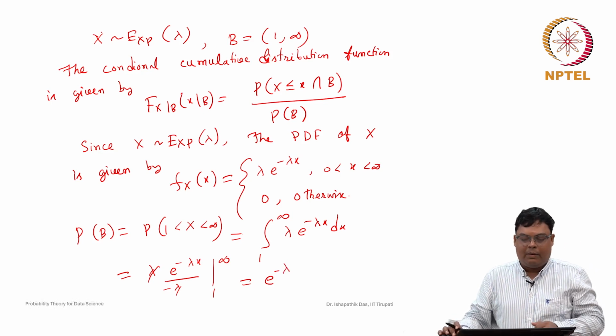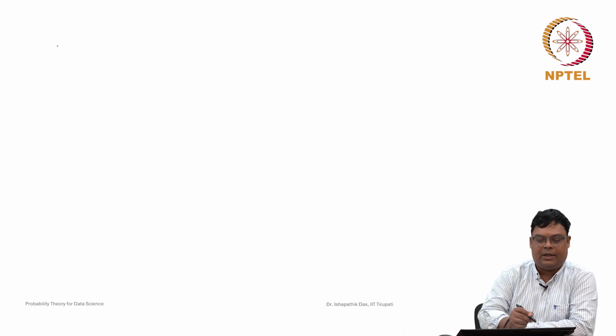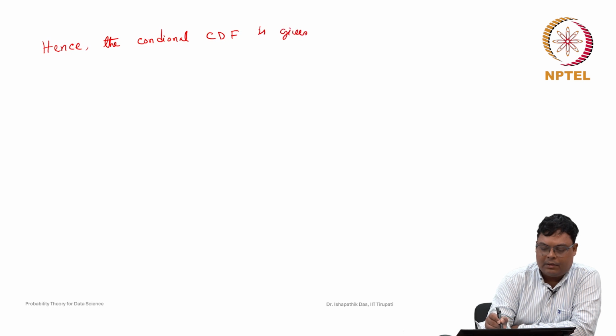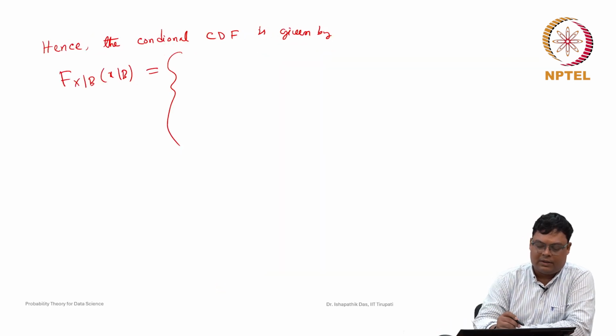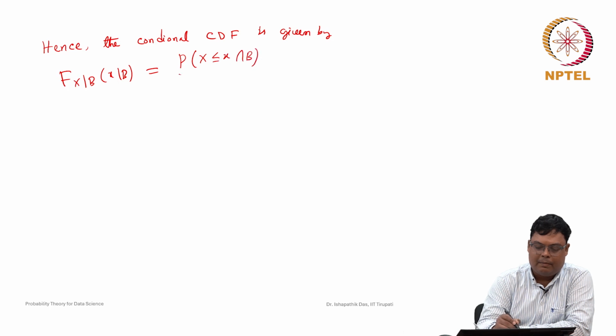So, finally, we will find the conditional cumulative distribution function. Hence, the conditional CDF is given by F of x given B. What we found is, let us write it down so it will be clear: the probability that X is less than or equal to x, intersection B, divided by the probability of B. Probability of B we have found.